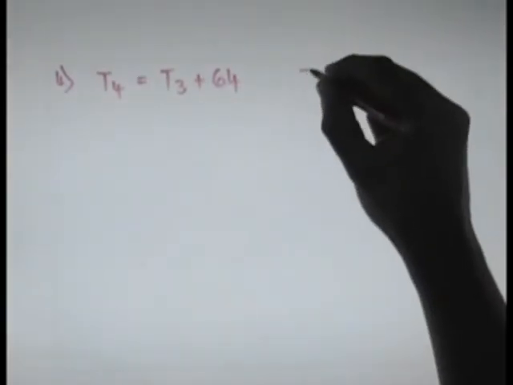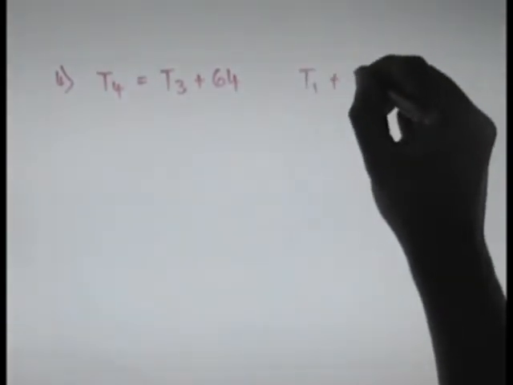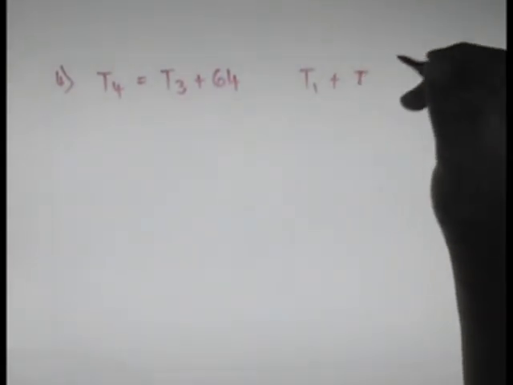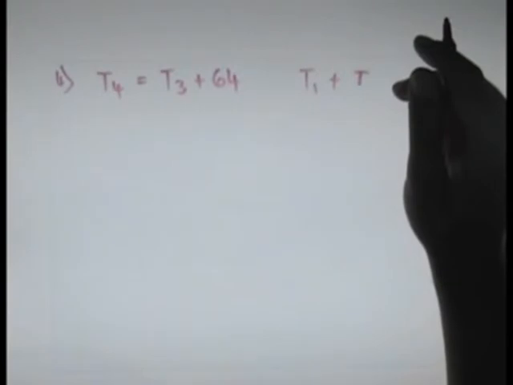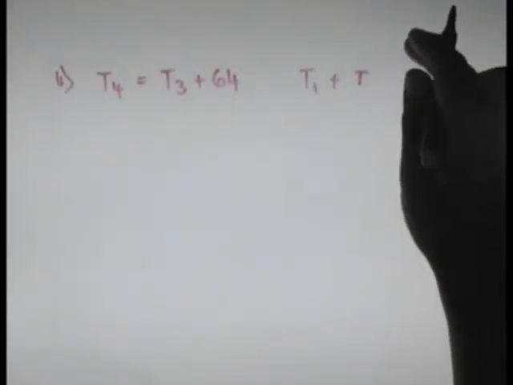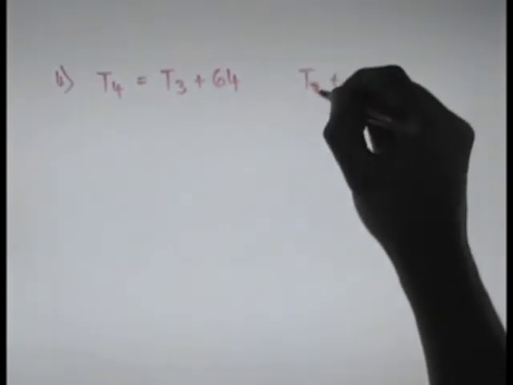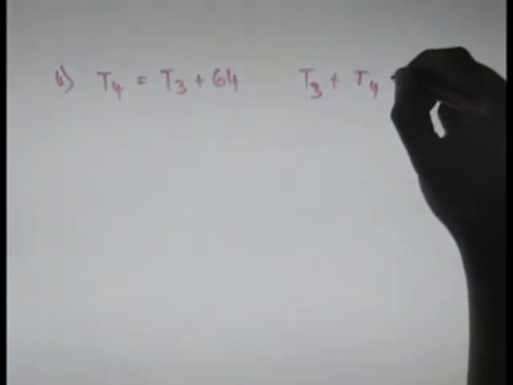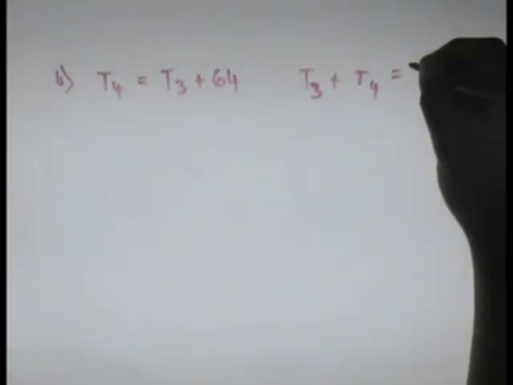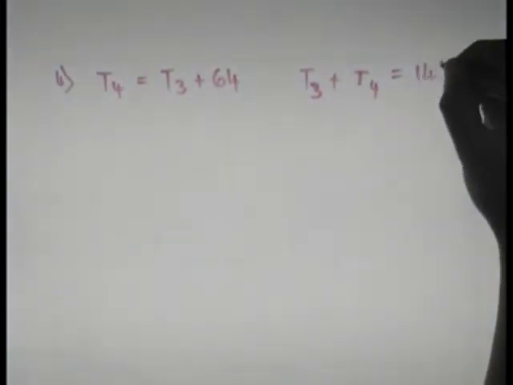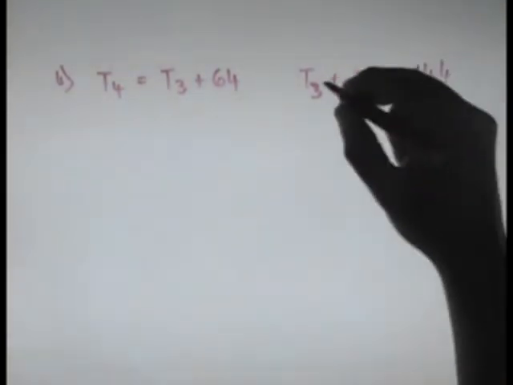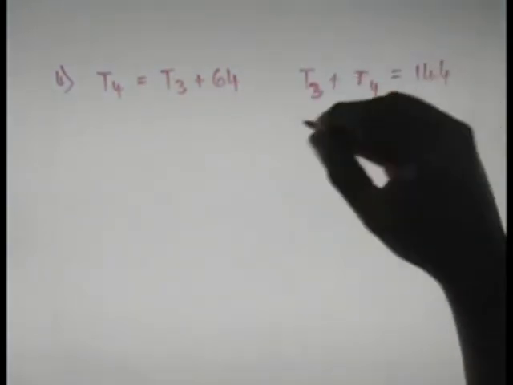The sum of the third and fourth terms is 144. That means that the sum of the third and fourth, T3 plus T4, is equal to 144. Determine the common ratio.